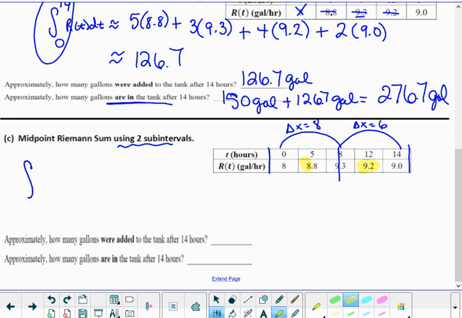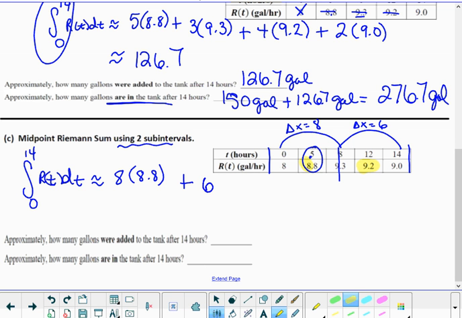So my integral still goes 0 to 14 r of t dt. And it is about, with 8, height. What are we choosing for height? The midpoint one. Notice 5 isn't necessarily in the middle of that interval or exact middle, but it's the closest thing I have to work with that sits between 0 and 8, so that's what I use.